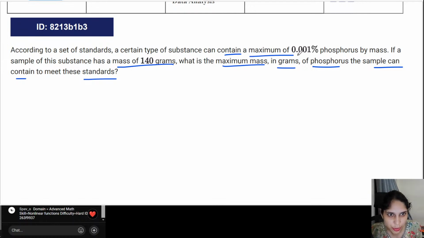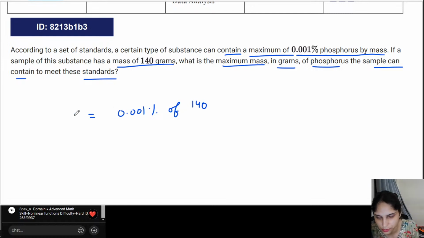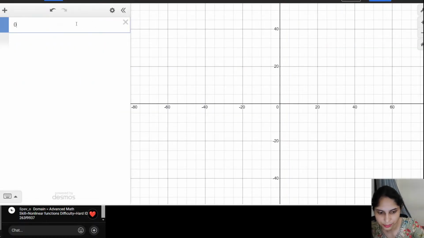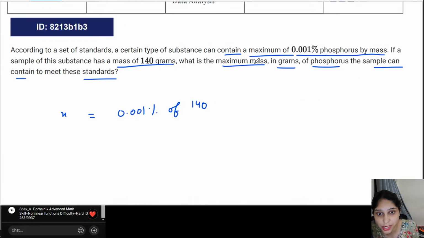It can contain a maximum of 0.001% phosphorus by mass, so it's going to be 0.001% of 140. That's what they're asking. So you just use the decimal for 0.001%. The answer is 0.0014 because they want the answer in grams.